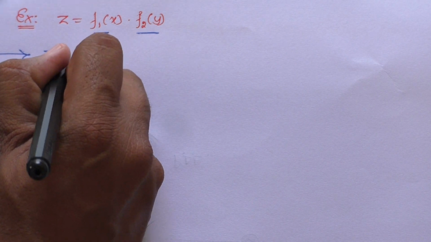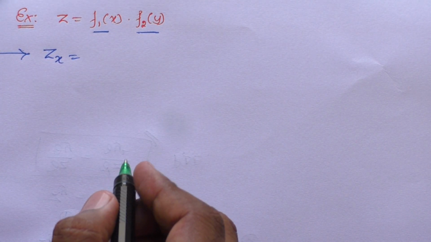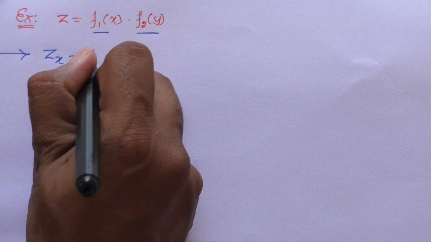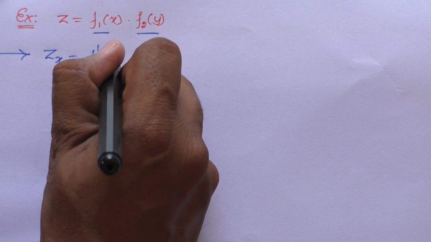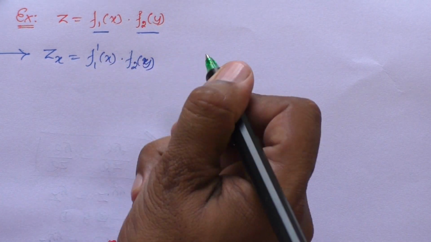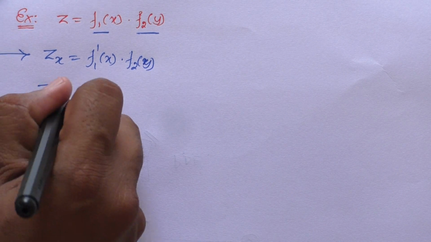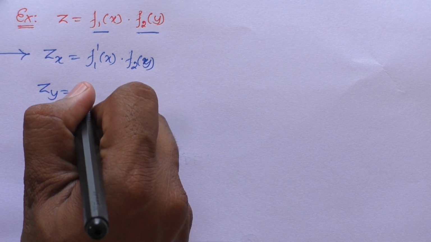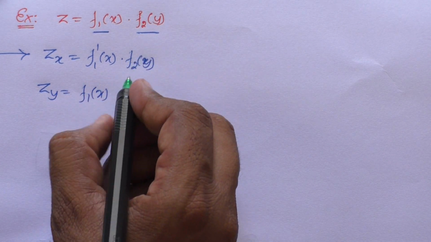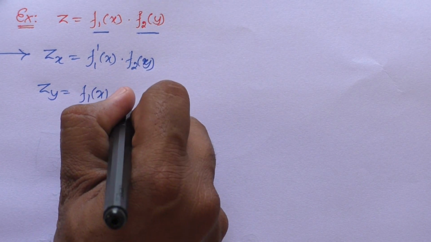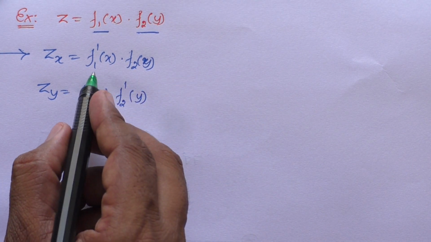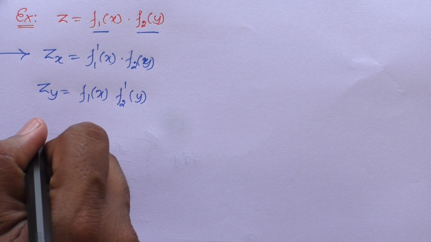So now zx, differentiate with respect to x, so zx will be f1 dash x into f2 is constant, f2 y as it is. So zy, differentiate with respect to y, so that will be f1 x, f1 x will be constant, so y differentiation f2 y differentiation f2 dash y.